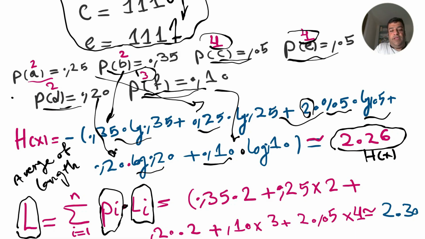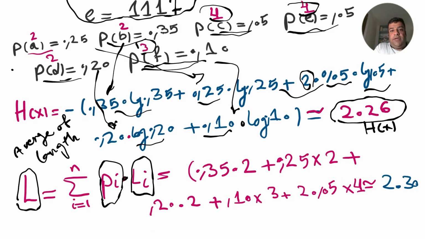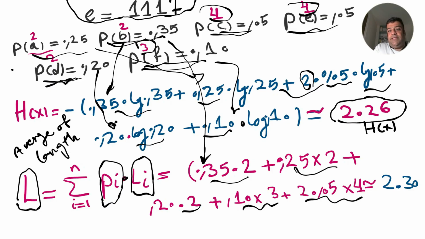If we put this in the formula, 35% times 2, the length of B, 25% times 2, the length of A, also 20% times 2, the length of D, and the length of F is 3 times 10%, and also 2 times 5% times 4, because C and E have length 4 but probability 5%.